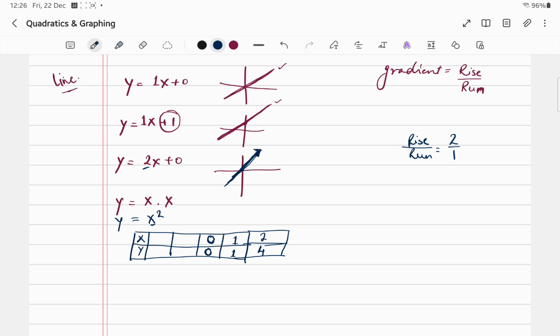Now, if we go on the negative side, if it is minus 1 and minus 2, when x is minus 1, squared is equal to 1. And when it is minus 2, squared is 4. So here, if you look carefully, you can see that it is the same on the right side and the same on the left.